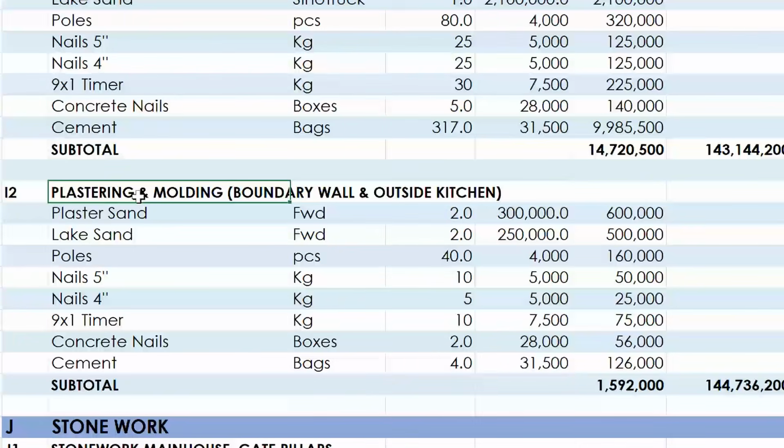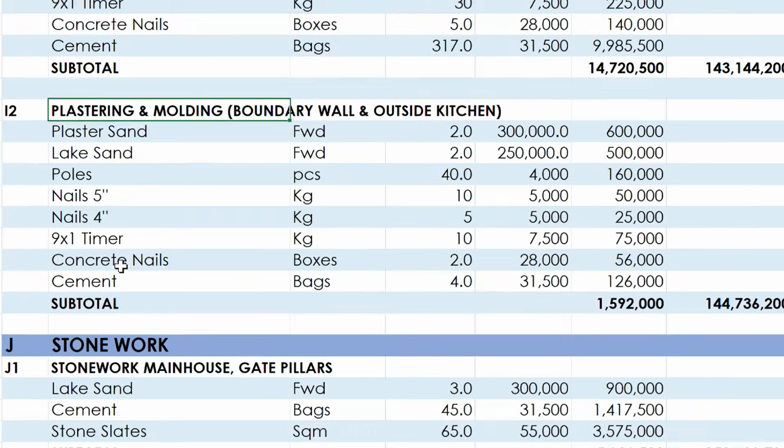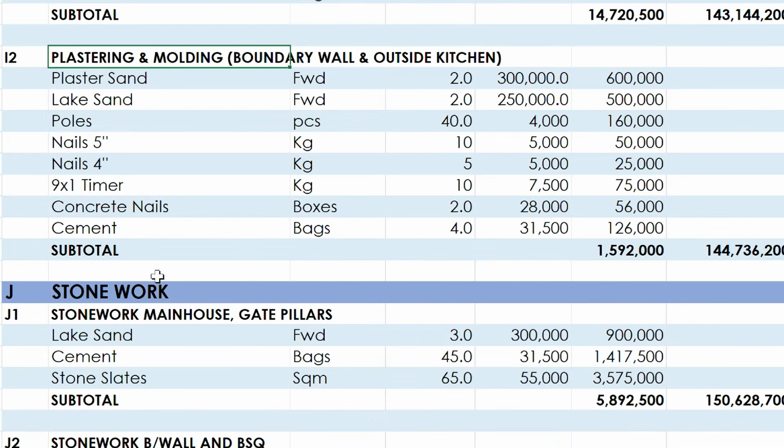Then it also included the outside kitchen, but importantly, the pillars of the boundary were plastered, but the walls were not plastered, they were pointed. That is one of the ways that cost can be saved when it comes to doing boundary walls.